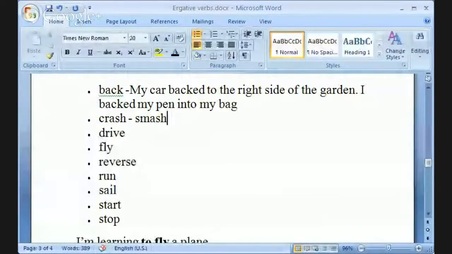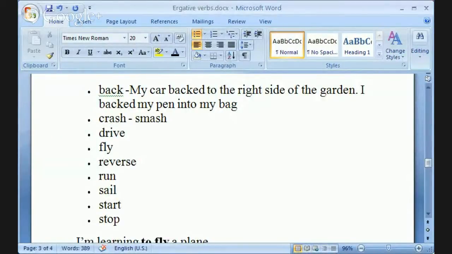But you can't use the verb crash that way. It doesn't mean that you use a tool. It's generally not something you do on purpose.